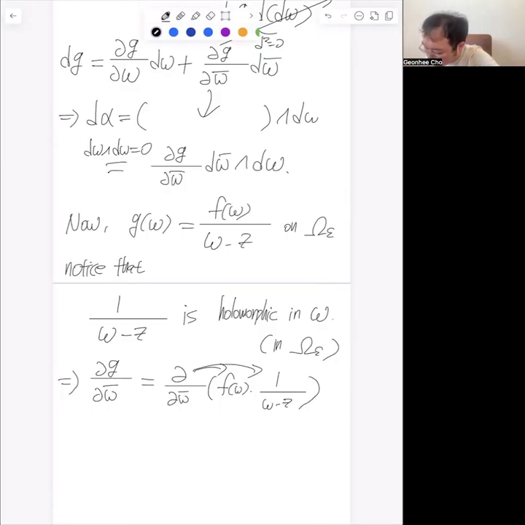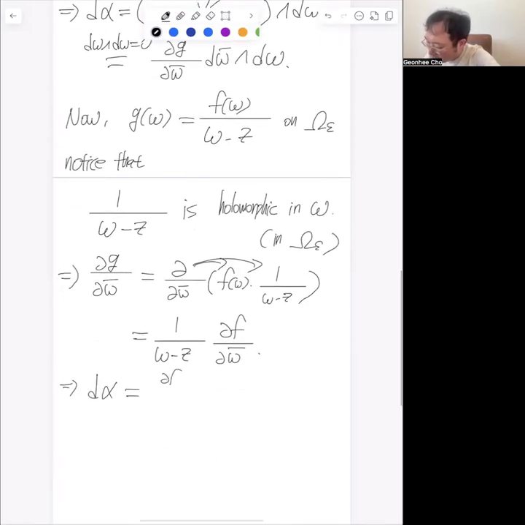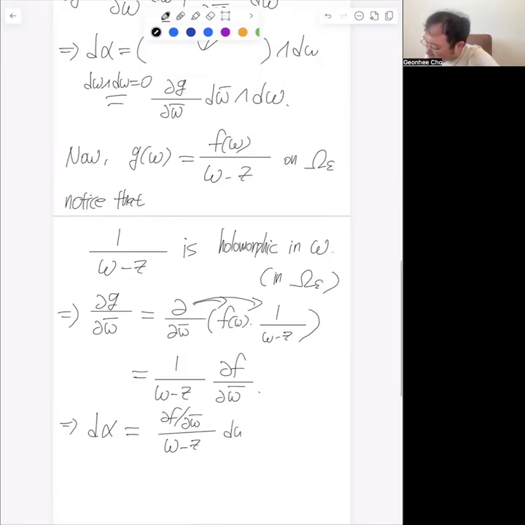Thereby you can see that 1 over omega minus z is good. So we just get the partial derivative of f with respect to omega bar. Therefore, the alpha is the almost desired expression: partial f over partial omega bar, over omega minus z, times d omega bar wedge d omega.